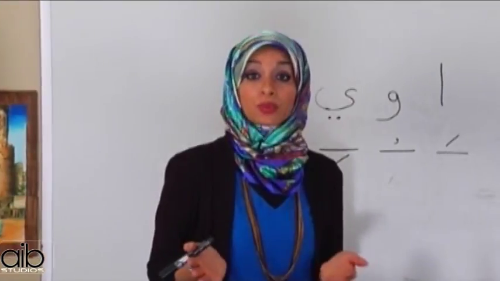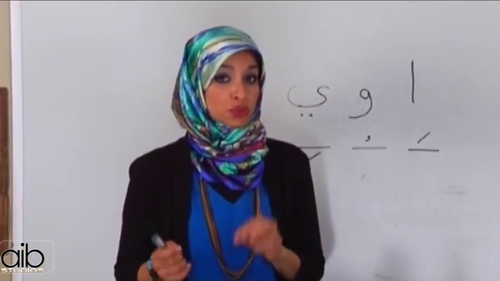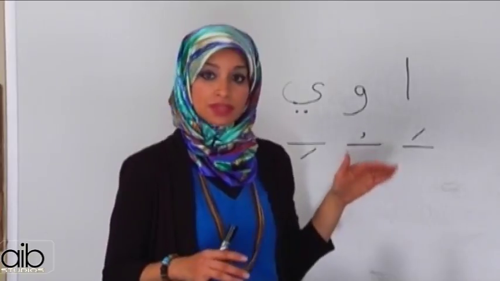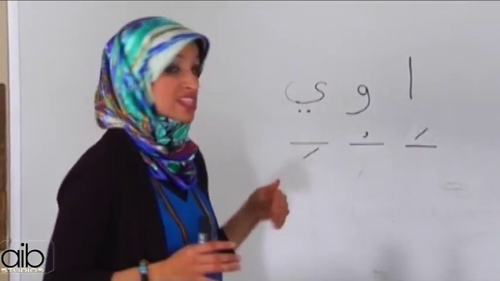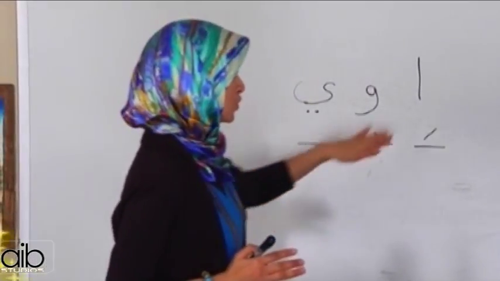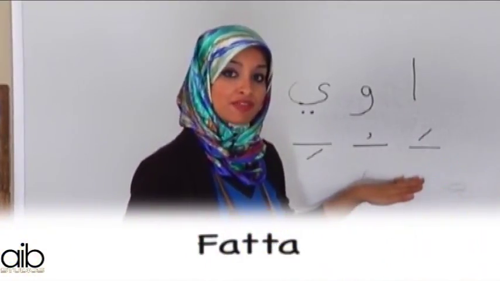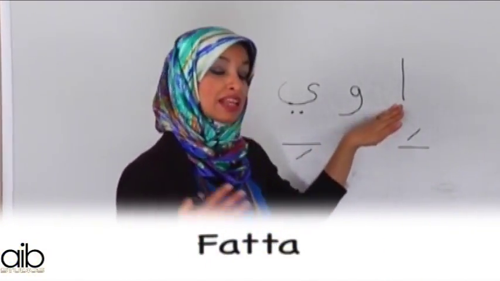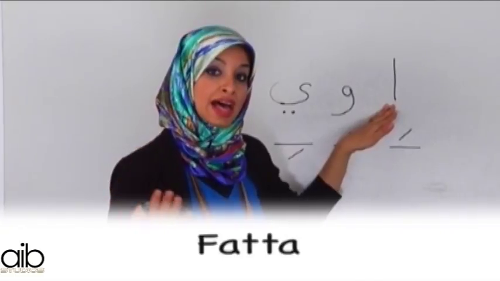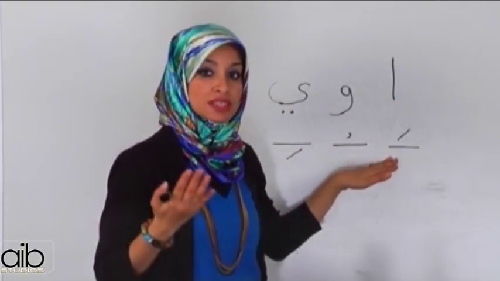So today, we're going to move on and talk about the short vowels. And to each of these long vowels, they have a corresponding short vowel. So for the alif, we have a fatha. Where we have the alif making the sound of a, the fatha would just be shorter than that.